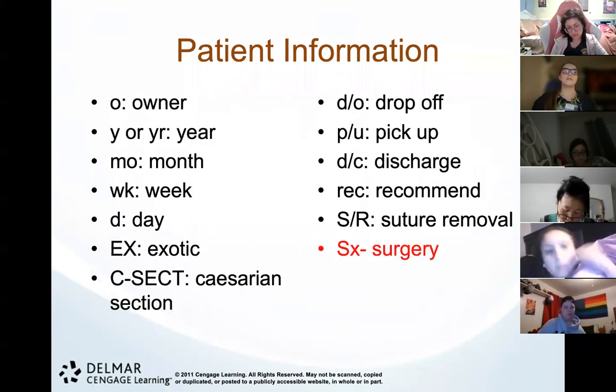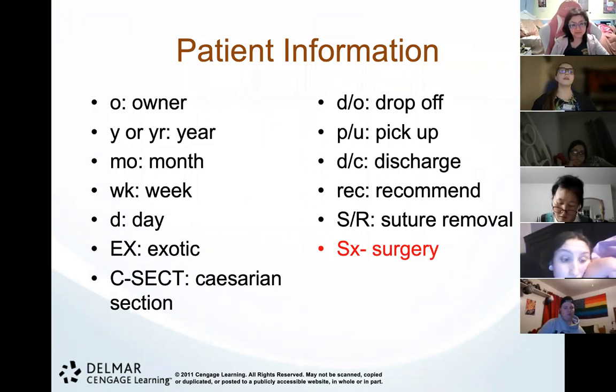Okay, getting into patient information. We know O stands for owner. Y or YR is our year, and this is talking about the patient's age. Month, we could put how many months old they are, MO, or even if they're only a few weeks old, WK, especially when we're looking at vaccines. When we're starting them on their puppy or kitten series, we start at 8 weeks, then 12 weeks, 16 weeks, 20 weeks.